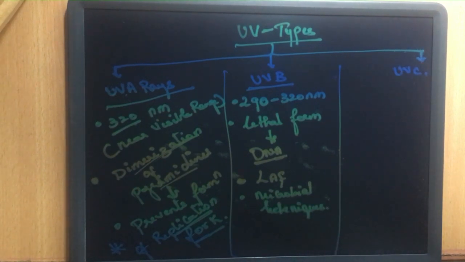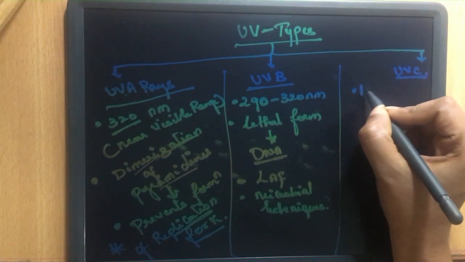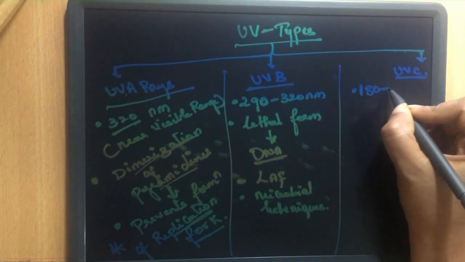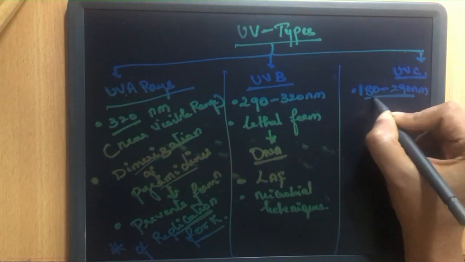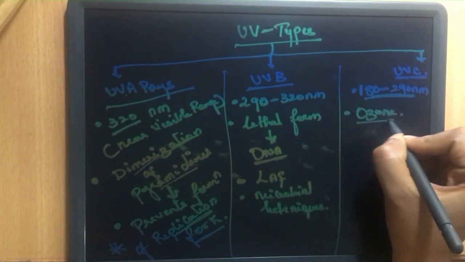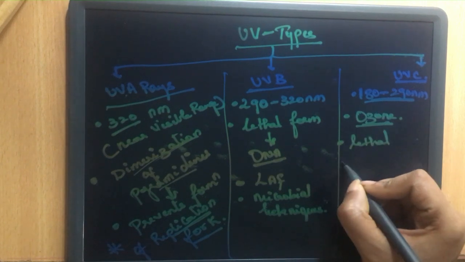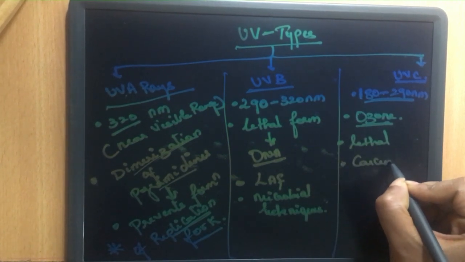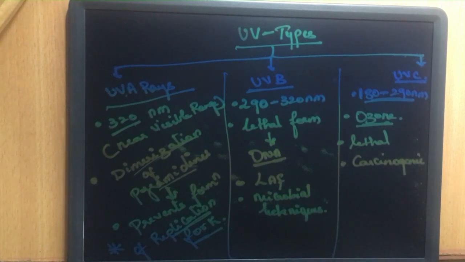The third type is UVC rays, having a wavelength of 180 to 290 nanometers. This is mostly filtered by the ozone itself, and it is most lethal and has a carcinogenic effect as well. So these are the three types of UV rays.